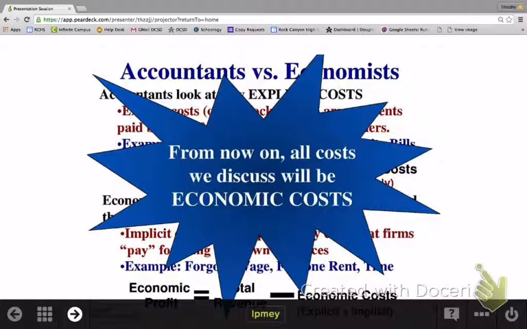So from now on, when we talk about costs in this course, all costs we discuss will be economic costs, not accounting costs. So whenever I use the word cost, assume that I am talking about economic costs, meaning both explicit and implicit costs. Now, we could look at an example of this.